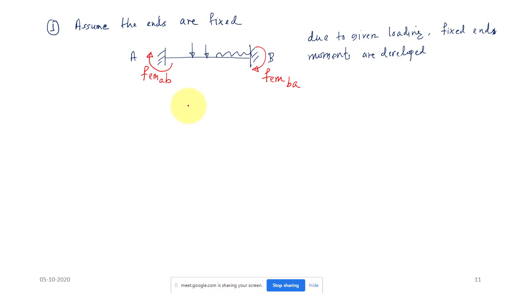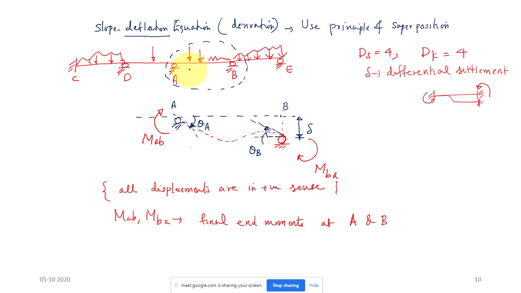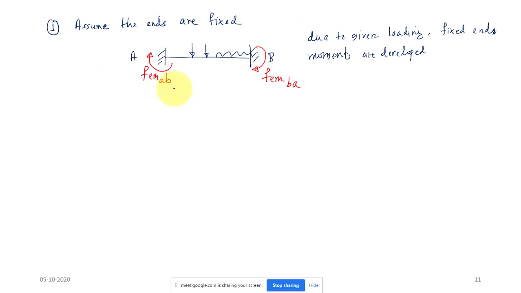So that means I have taken these supports or joints fixed, applied the external load, and found the fixed end moment. Okay, so that is the first step. And second step, the external load part is already over. Okay, so second step will be, actually there will be some rotation, right?